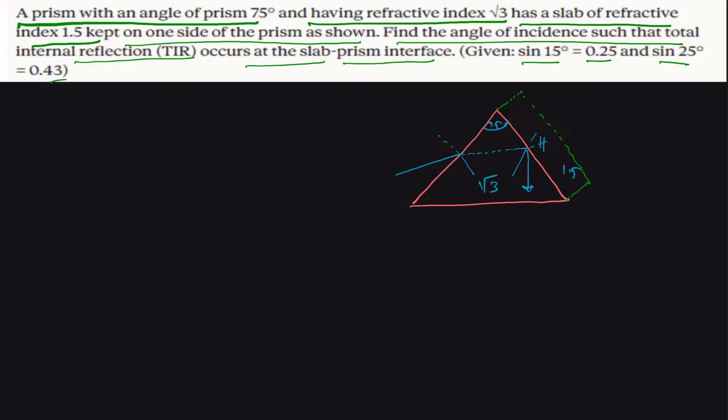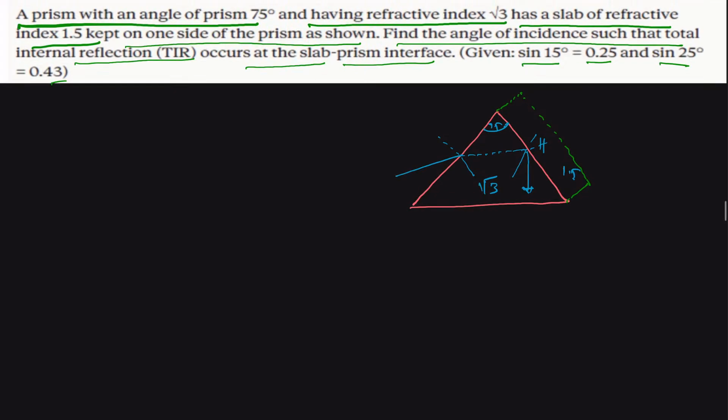and we should be knowing that for total internal reflection, that is for the interface of slab and prism, the angle of incidence at the interface must be greater than or equal to the critical angle. So we are very much interested in the interface. So this is our interface.